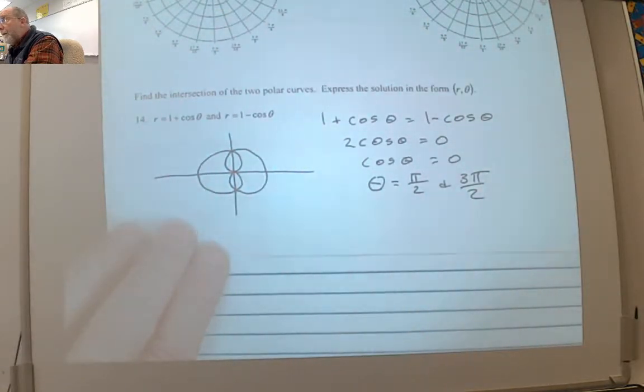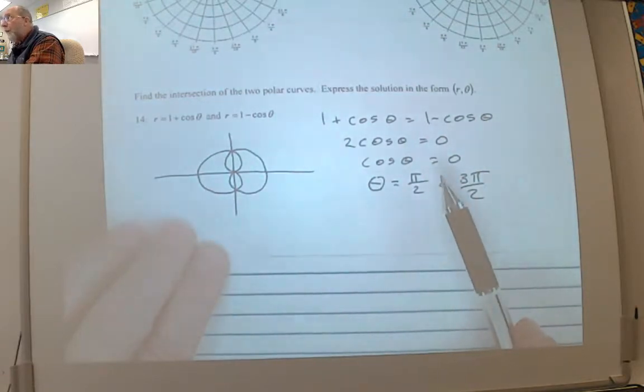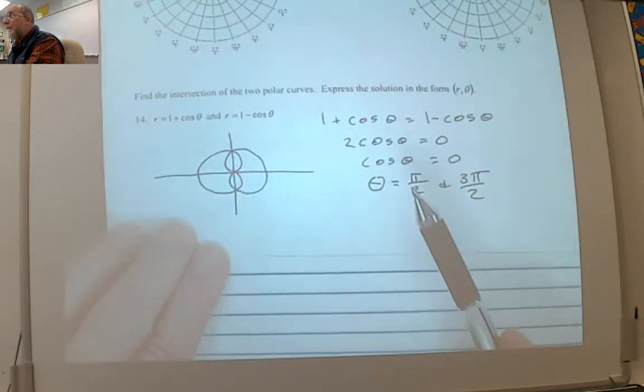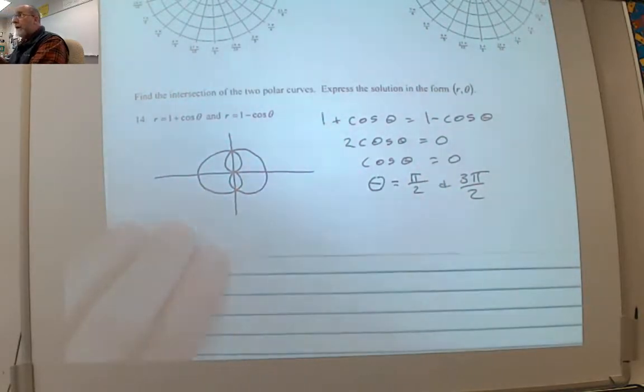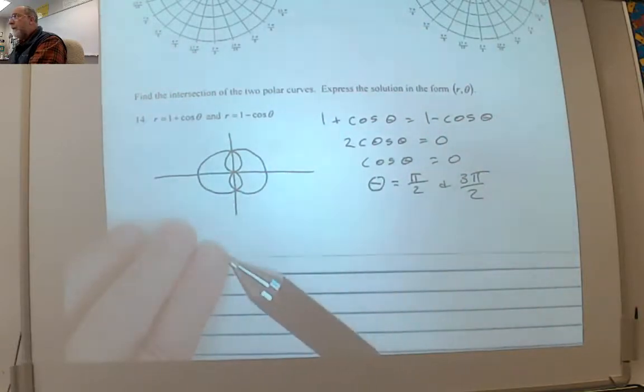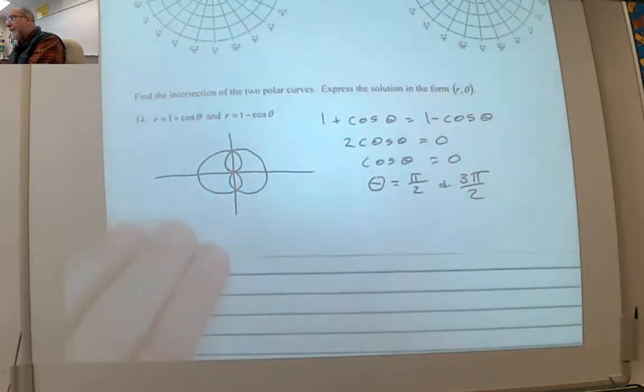What about at the pole? Oh, we're going to talk about the pole. A lot of times the pole won't show up because there'll be different names for the pole. Okay? And I was talking about that before. So all that needs to happen for a graph to be at the pole is that the radius is 0. Okay?